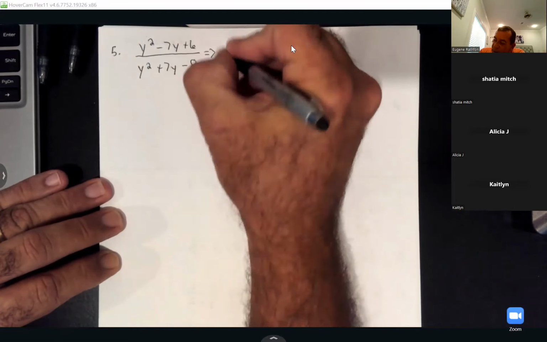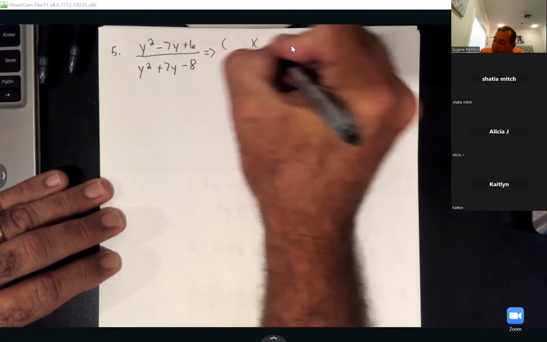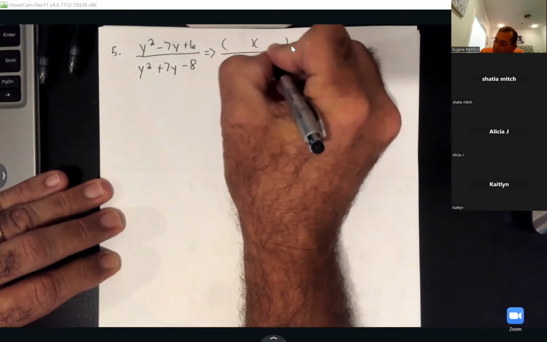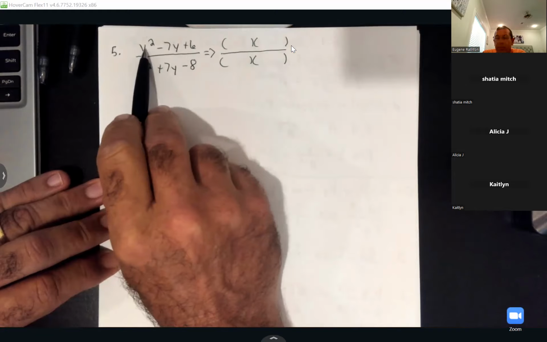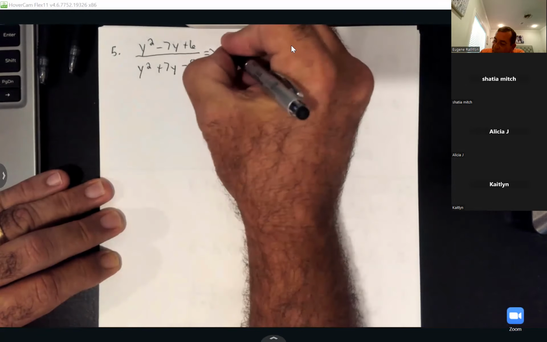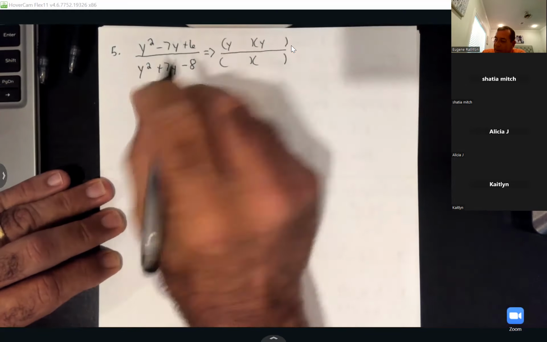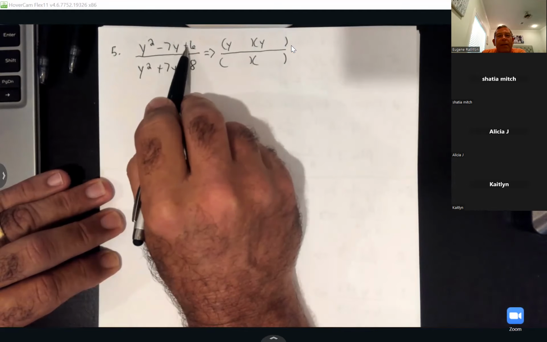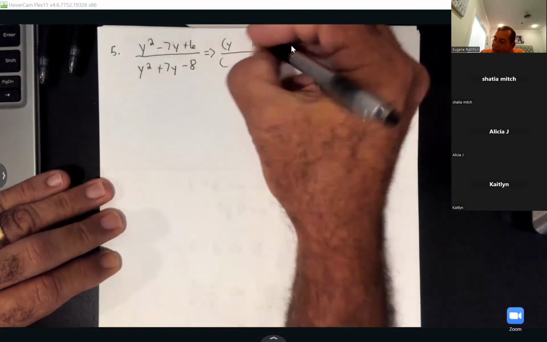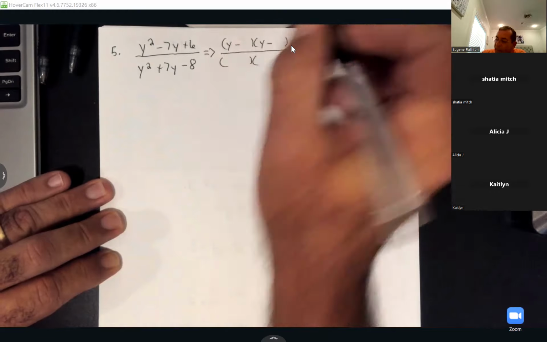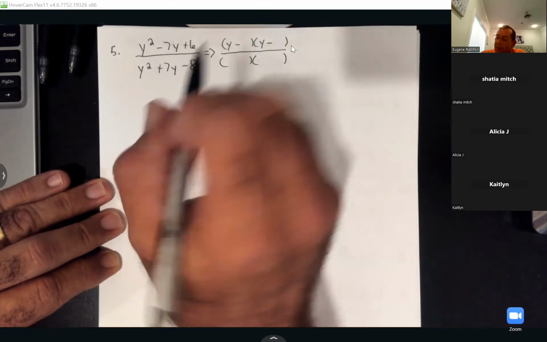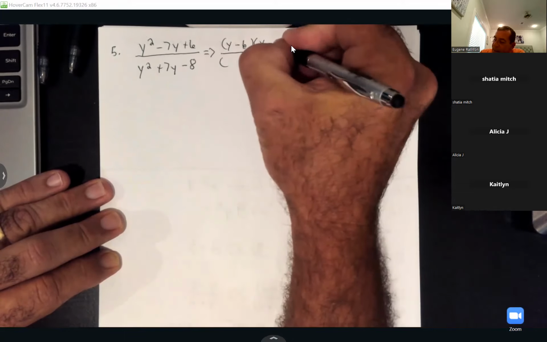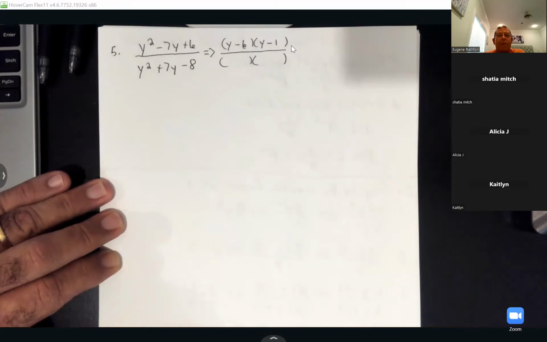So once again, y squareds means we're going to factor these into 2 sets of parentheses. So the y squared puts a y in the front of both of these. The top one's positive at the end, so both of these will be negative like the middle. And then I want factors of 6 that'll add to get me 7. That'll be 6 and 1.